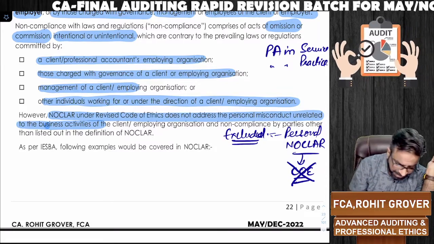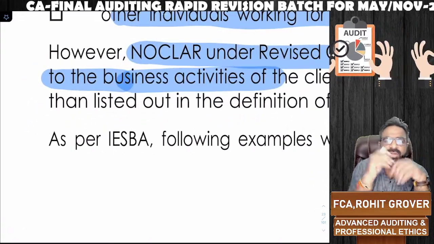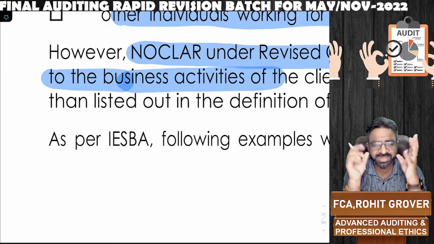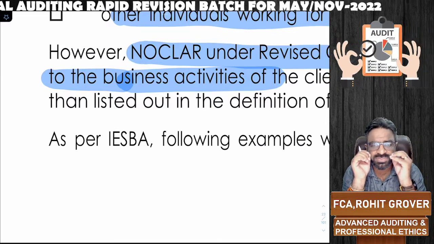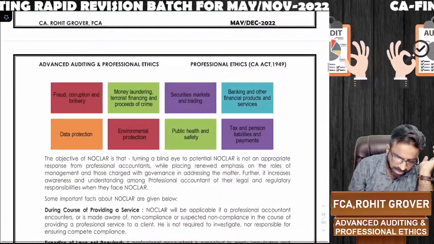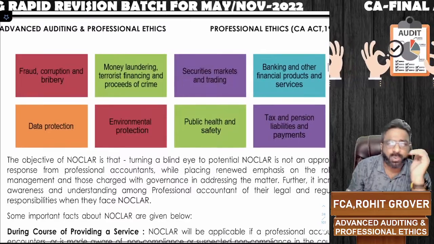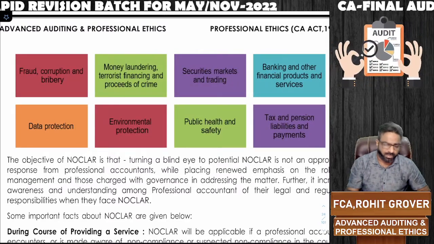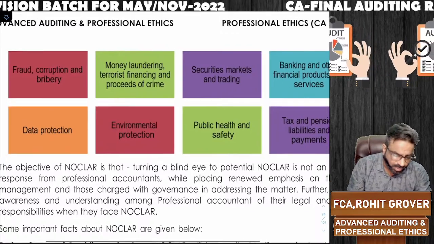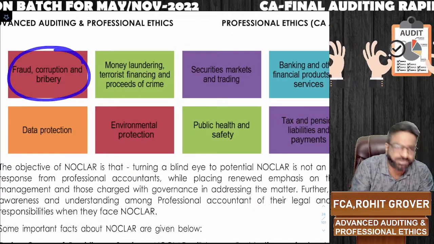Next, as per IESBA, as I already told you, International Ethics Standards Board for Accountants, the following examples would be covered in the NOCLAR. Now we are going to understand which kinds of NOCLARs are going to be reported here. We are going to report NOCLARs relating to fraud, corruption or bribery.